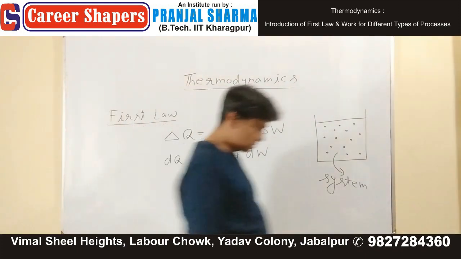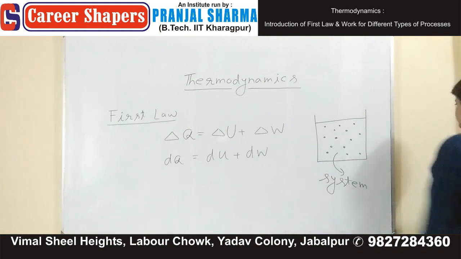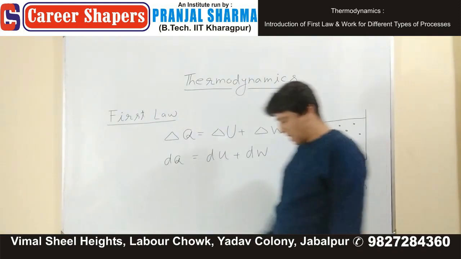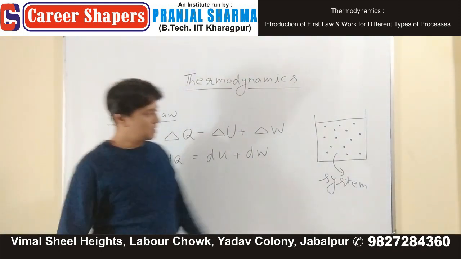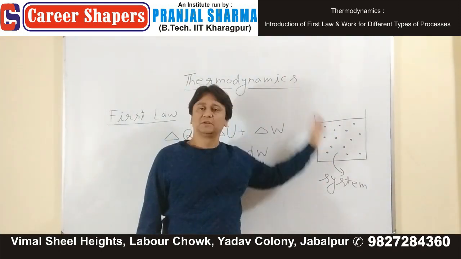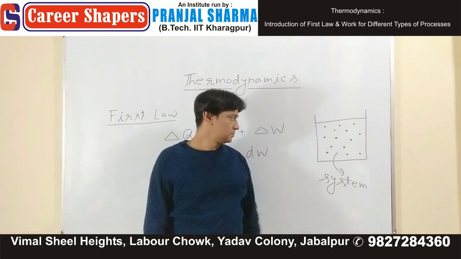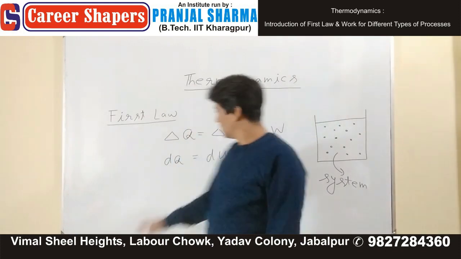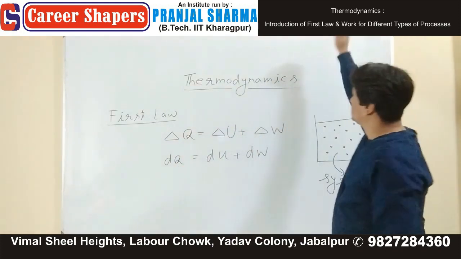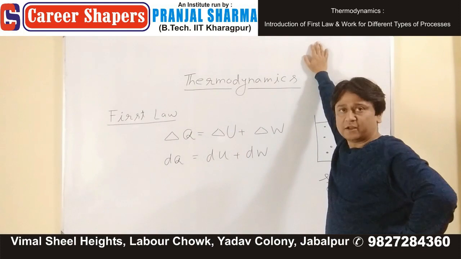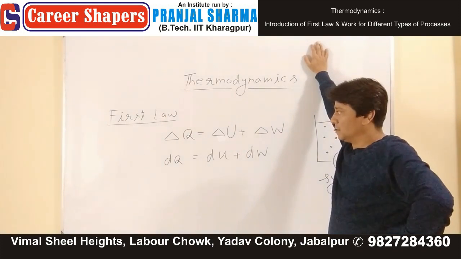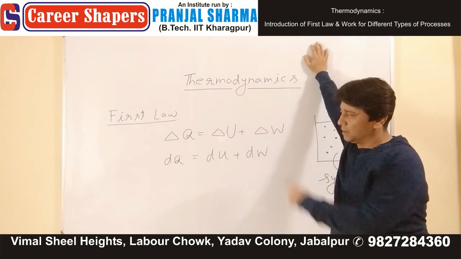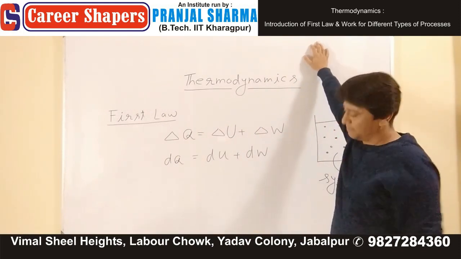And when heat is rejected by the system, heat comes out, then dq is negative.